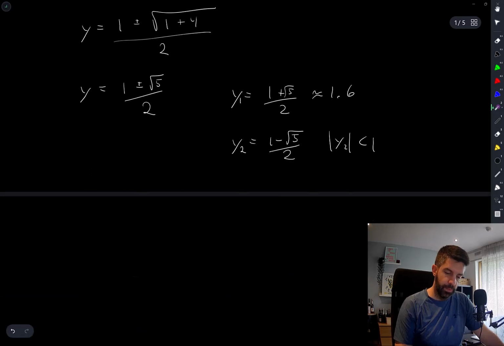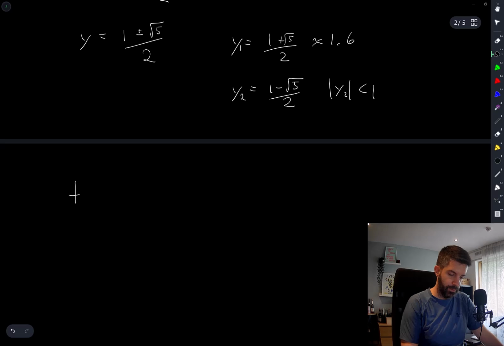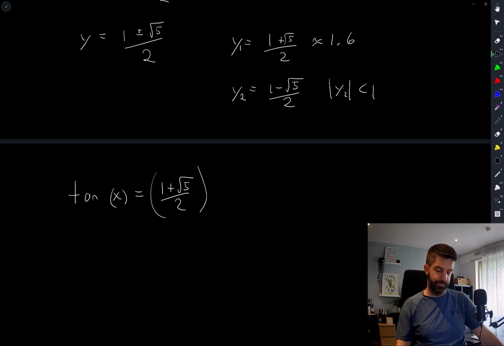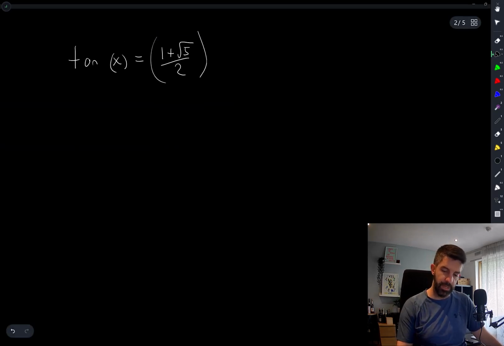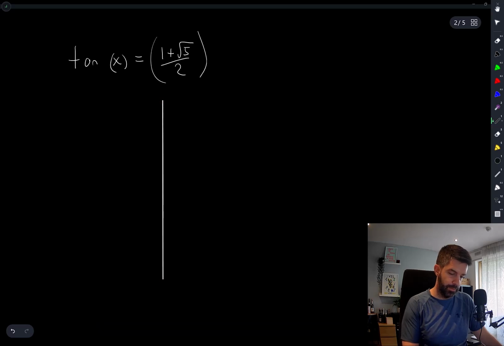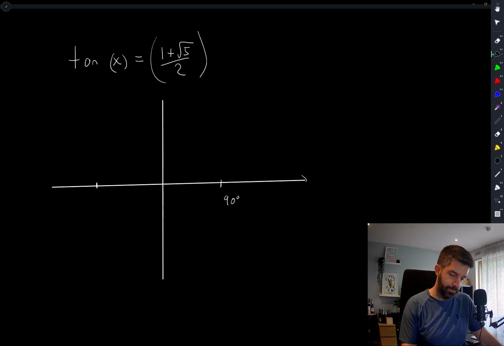Okay. So we're looking for values of tan x which equals 1 plus root 5 over 2. And what does the graph of tan x look like between negative 90 and 90 degrees? It has vertical asymptotes at 90 degrees. I don't like that they wrote it with degrees rather than radians, but okay.